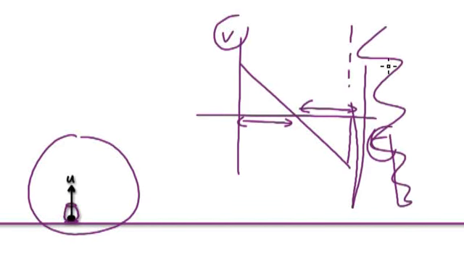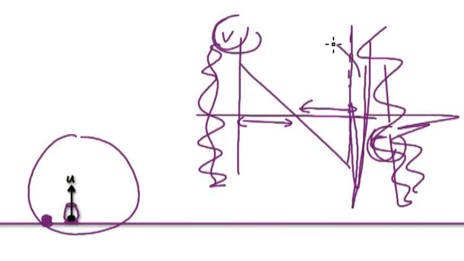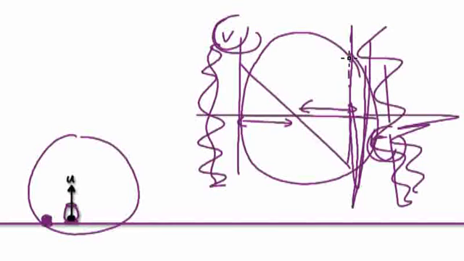Beyond this, it really has no meaning because the cannonball is on the ground, and before here you're going back in time. So this bit really has no meaning. You're only interested in this bit here.